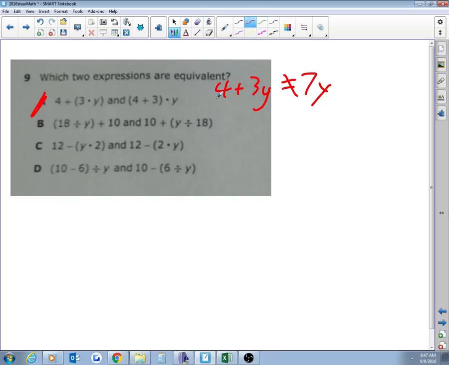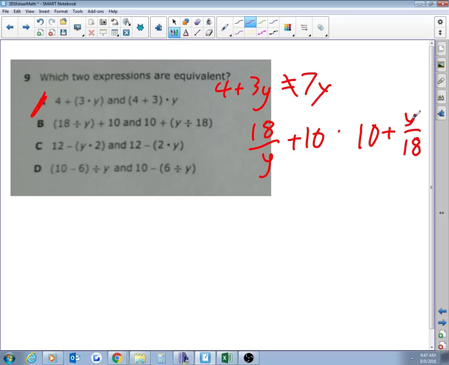Here we've got 18 divided by y. Can't really do anything with that. Plus 10. Here we've got 10 plus y divided by 18.